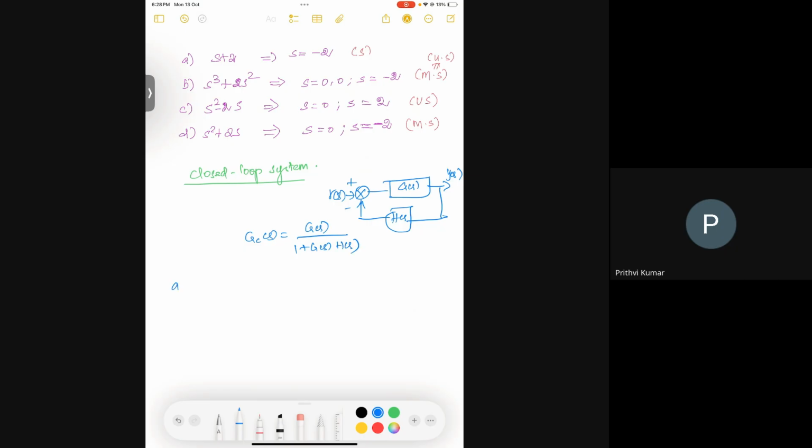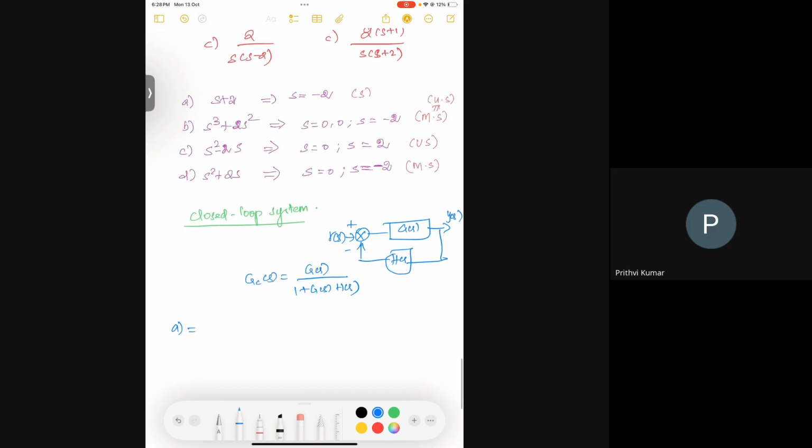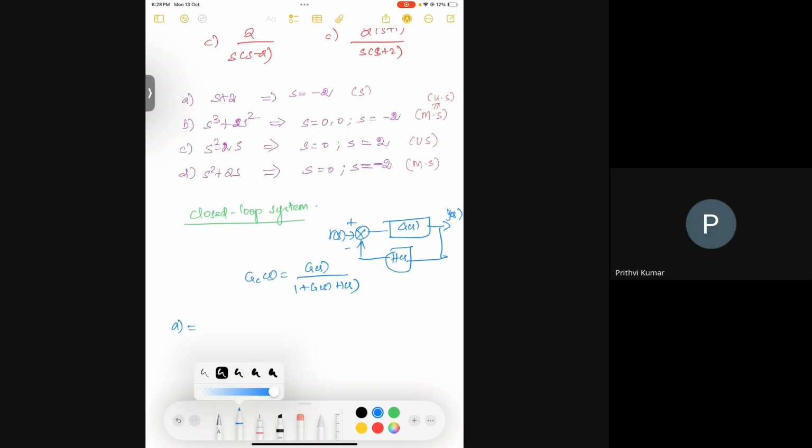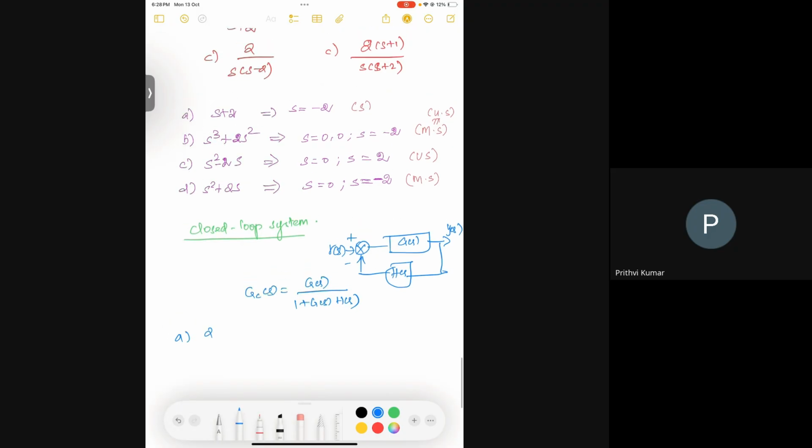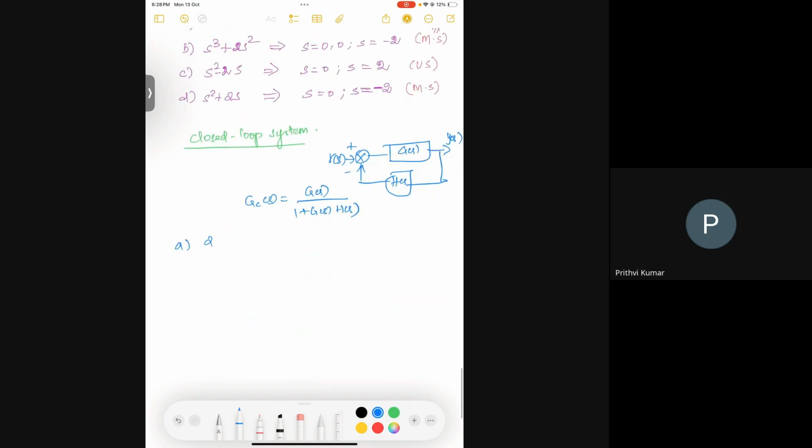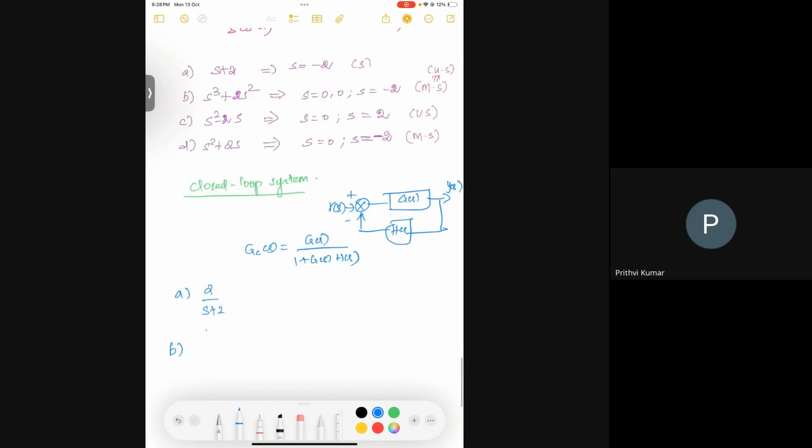For the first system, I will just rewrite it. A will be 2 by s plus 2. B is 2 by s square into s plus 2.